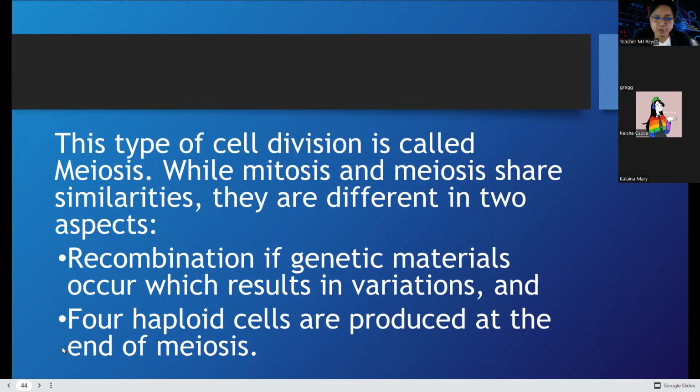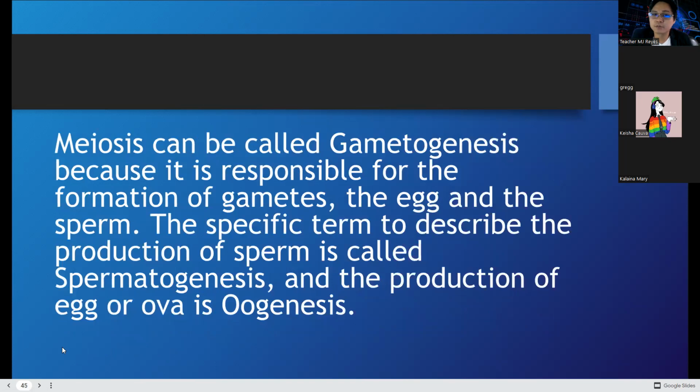Again, there is a question in your module that is asking about what is the purpose of having meiosis. This is to ensure the number of chromosomes in each species. Meiosis can be called gametogenesis because it is the process of the production of gametes.